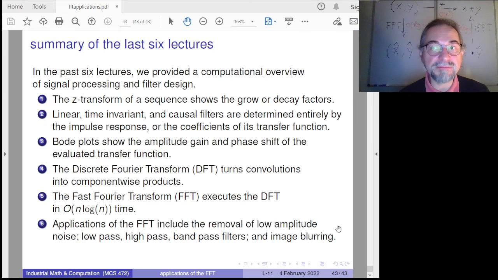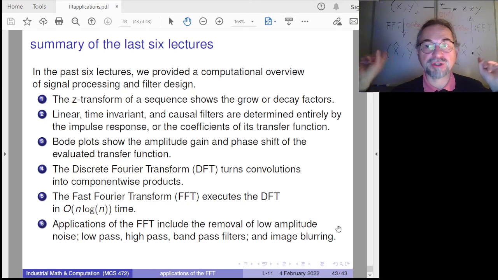Interpolation is one of the main properties also of the discrete Fourier transform, the discrete Fourier transform which turns convolutions into componentwise products. So that's the picture still behind me. The fast Fourier transform turns this picture into a quasi-linear operation.